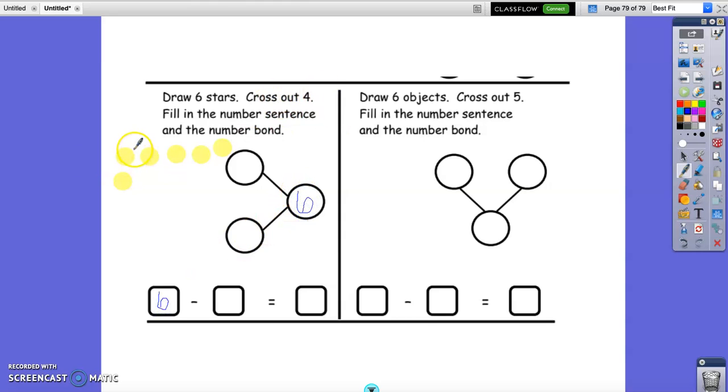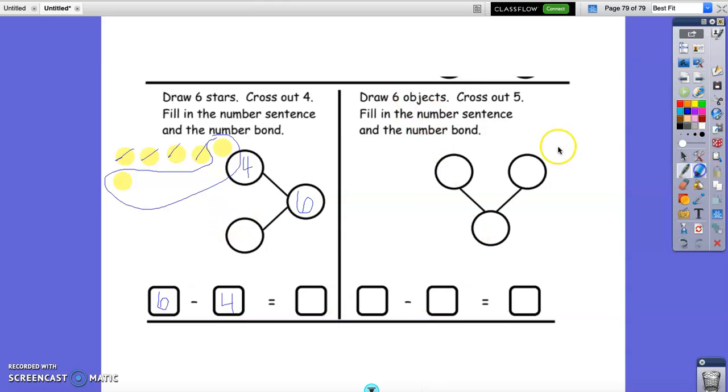Cross out 4 of them. 1, 2, 3, 4. Circle what's left. So 6 minus 4. You need to figure out the answer.